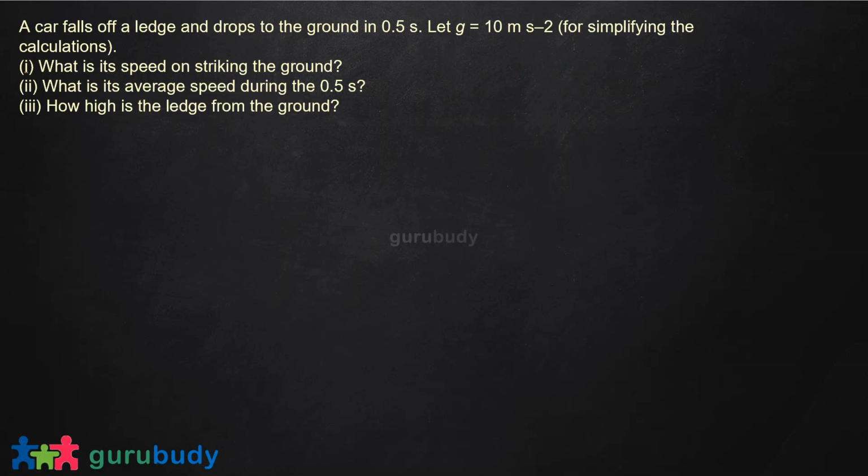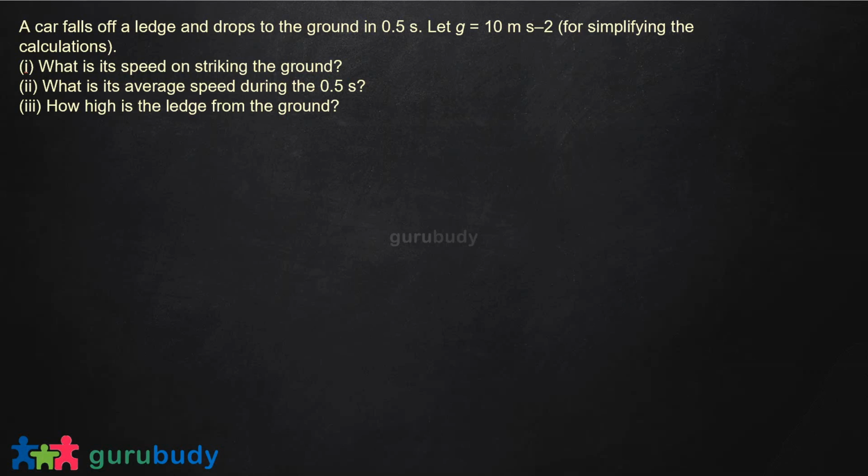In problems you will see many times that they will provide the value of g, and then you don't have to use 9.8. If they don't provide anything, then use 9.8. The first part they're asking is to calculate the speed of this car when it strikes the ground.